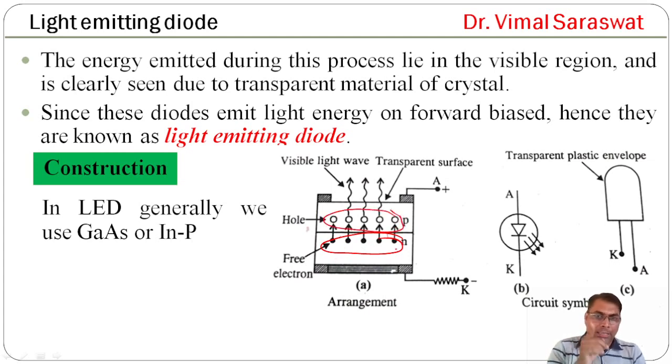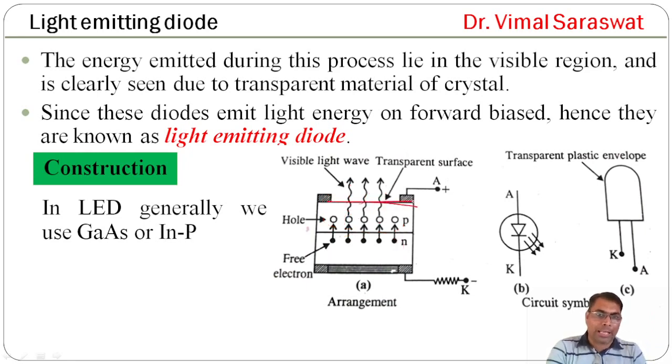When an electron jumps from a higher energy level to a lower energy level, electron hole recombination takes place, and this is the light or energy emitted in the form of visible light. So this light can be easily seen.